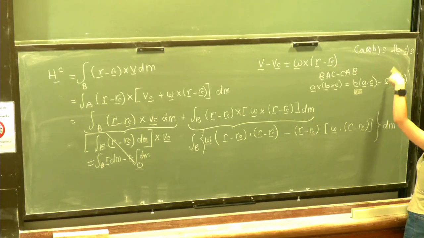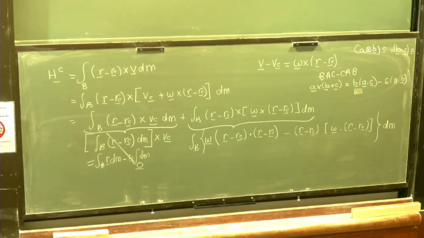So there are some similarities here. So how can I rewrite the last term here, in such a way that I can take omega outside the integral? So what would we get?